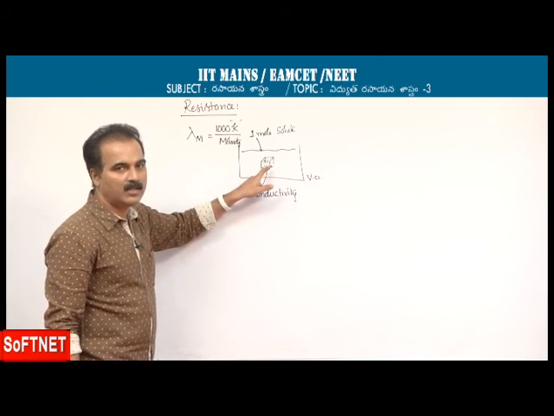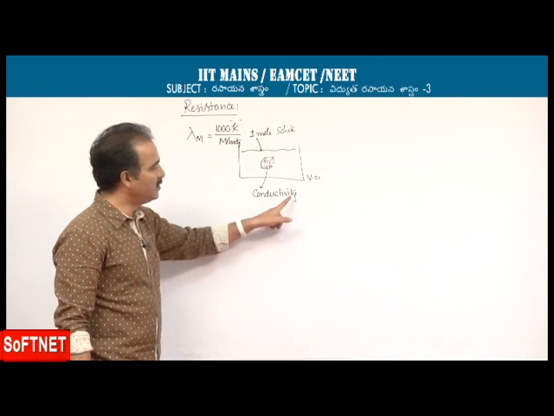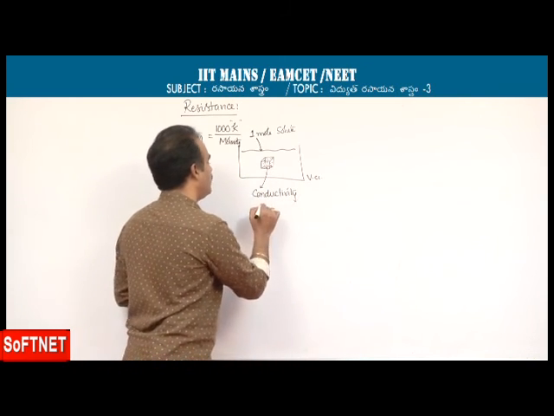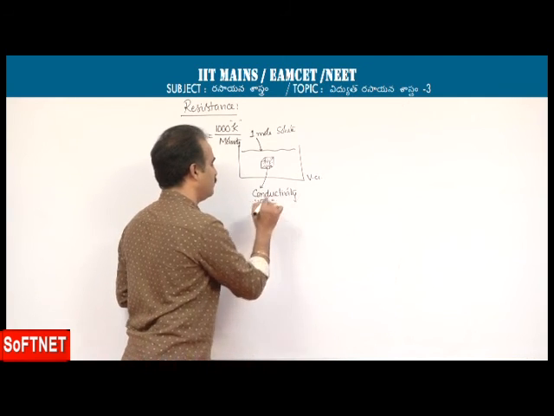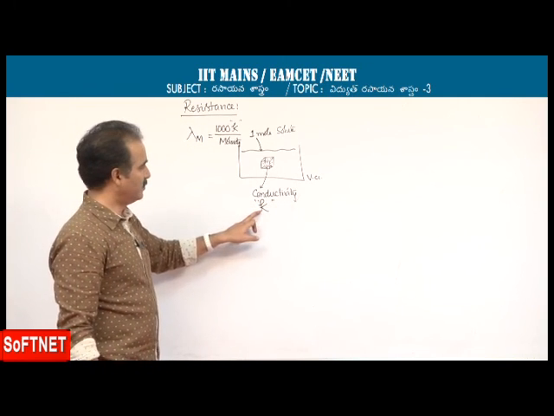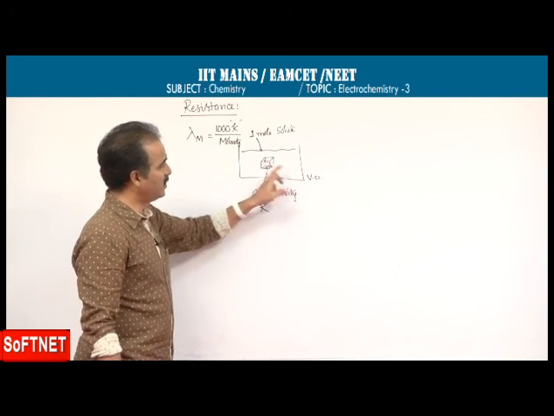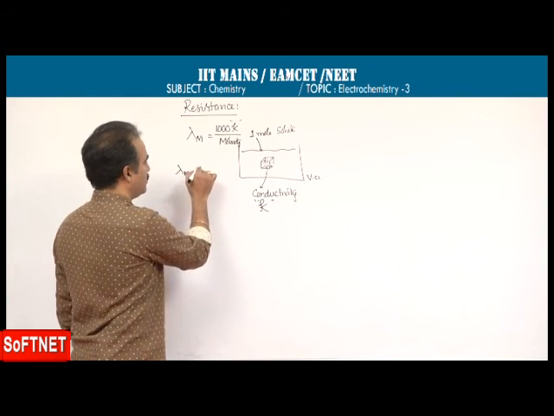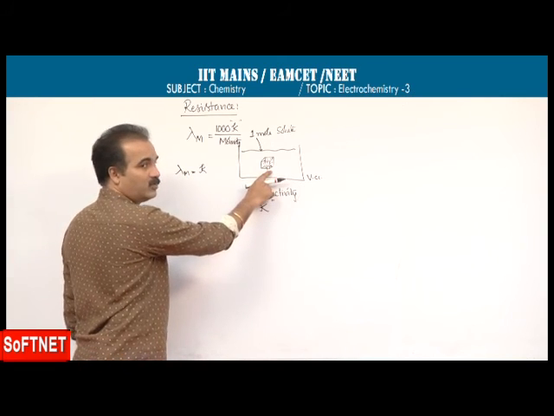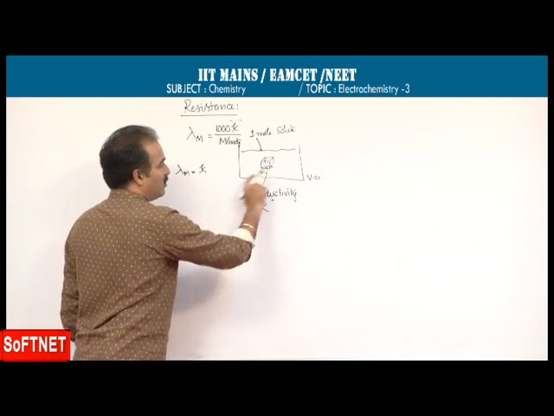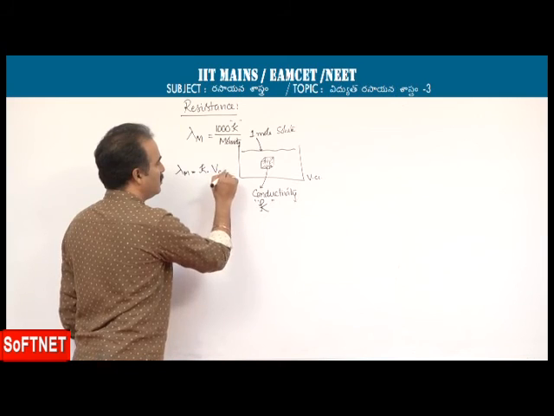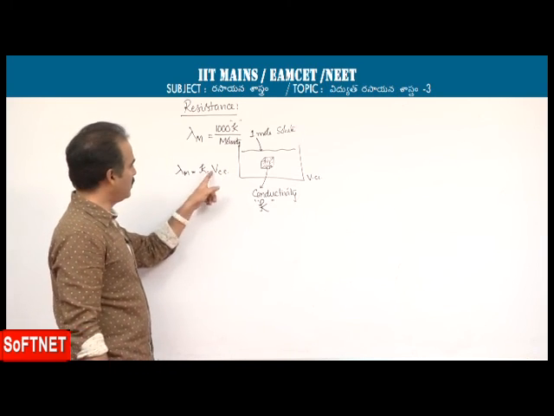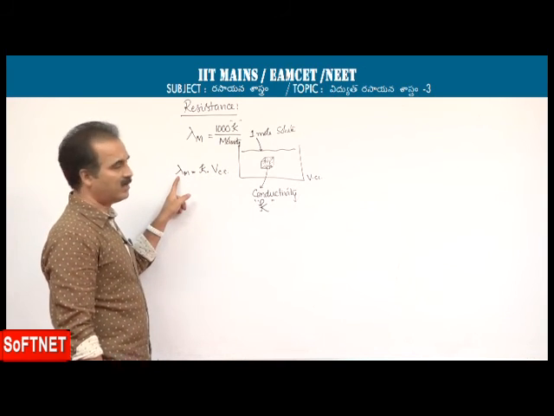Conductance shown by all the ions in this 1 cc is called conductivity, or we call it specific conductance, we call it K. Then overall conductance is K into V cc. So, we write molar conductance as specific conductance due to 1 cc as well as the total volume, that is V in cc, that is altogether molar conductance.